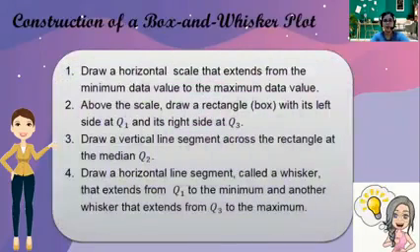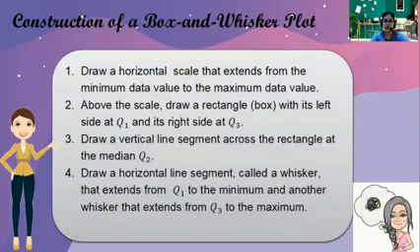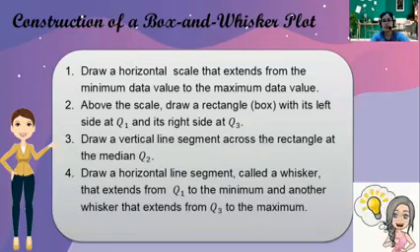Number 1, we draw a horizontal scale that extends from the minimum data value to the maximum data value. For example, you have a minimum data of 42 and a maximum data of 80. So we draw a horizontal scale by 5, so 40, 45, 50 until we reach 80.